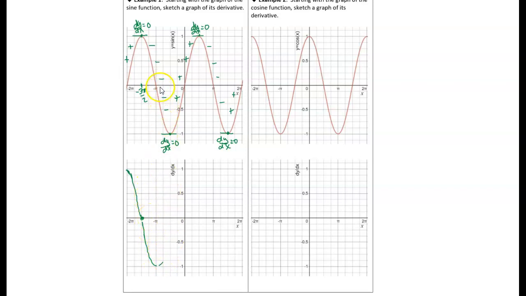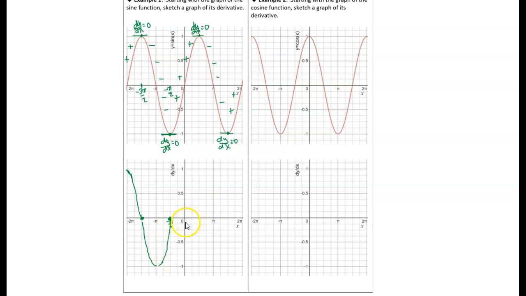Now it comes back here. The slope turns around again at what looks like negative pi over 2, and then it's positive again. So here at negative pi over 2, we have to cross the x-axis again, so it's going to come back and look like this.